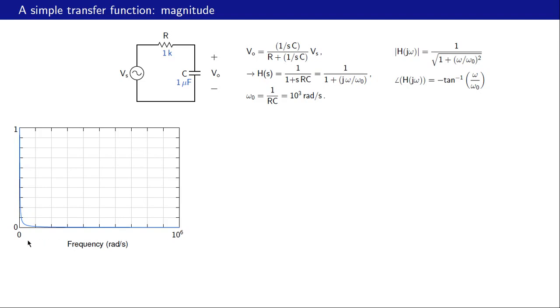And the y-axis is mod of H. And as we have seen in the last slide, mod of H approaches 1 if omega is small, because this term is negligible compared to 1. That is what we see over here. As omega increases, mod of H goes as 1 over omega. So as omega goes on increasing, mod of H goes on decreasing, and it appears like 0 here in this plot.